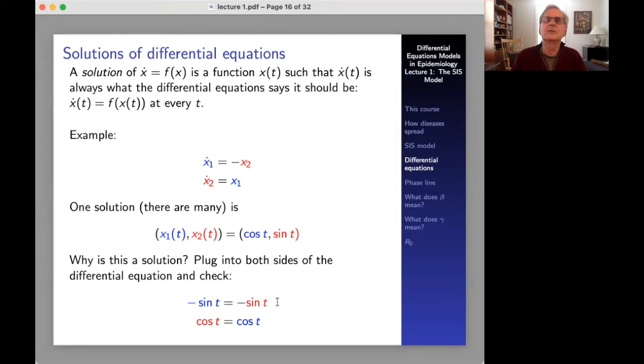Two sides are equal at every t. In the second equation, here we plug in x2 dot, which would be the derivative of sine t, cosine t. There it is. And over at the right, we plug in x1, which is cosine t. They're equal at every t. So that's a solution of the differential equation. There are many others.